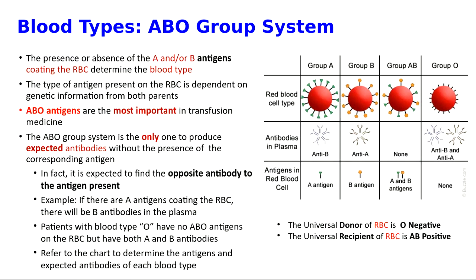So the answer would be B antigens. That is the application, but remember, it is expected that you will have the opposite antibody to the antigen that is present on the red blood cells. Okay, and if you don't have any antigens, you're going to have both antibodies in the serum. And if you have both antigens, then you're not going to have any of those antibodies in the serum.